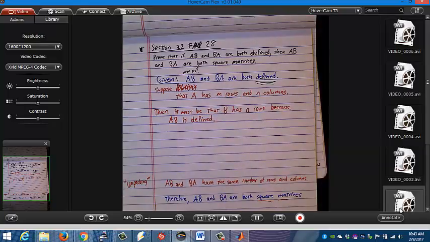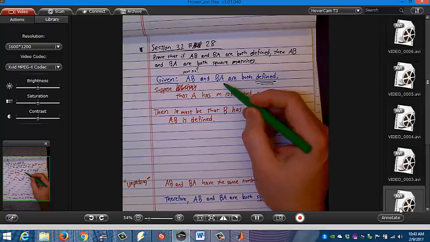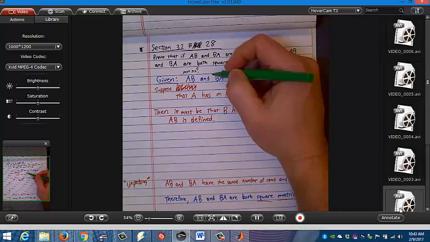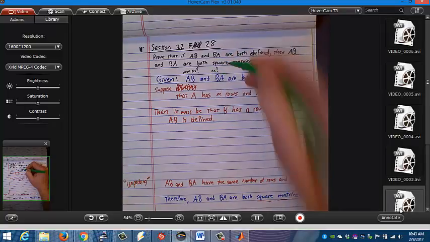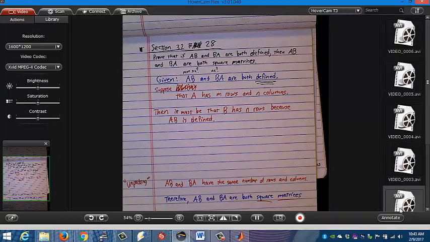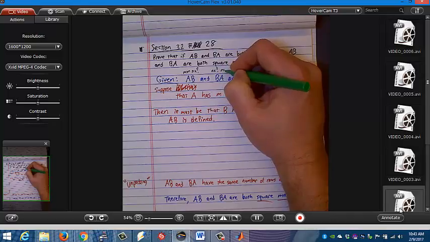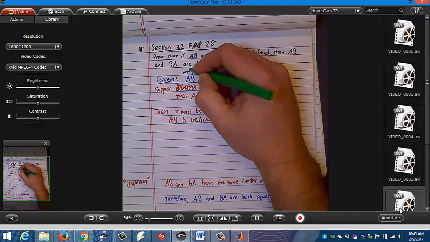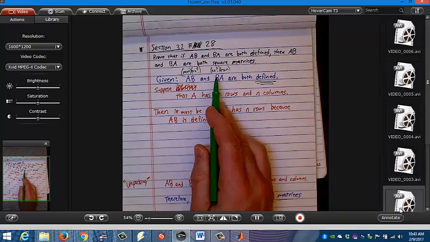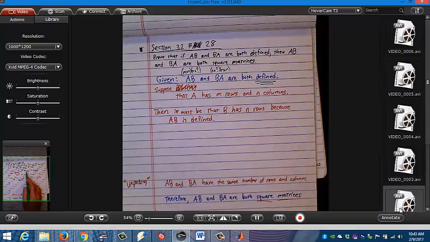You guys with me? But now, if you look at this product also being defined, and we're saying B is N by something, right? And what are we saying about A? We're saying it's M by N. Do you see how the logic works now? What does this tell us?